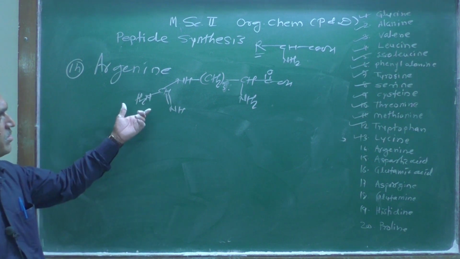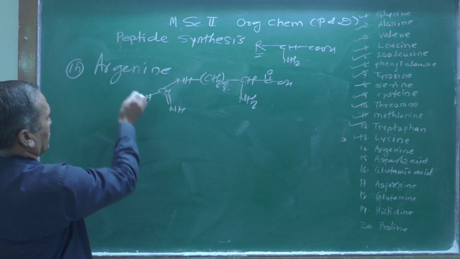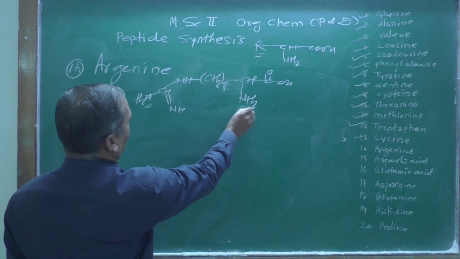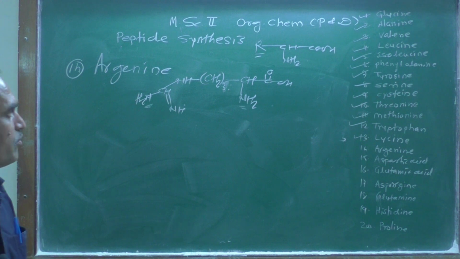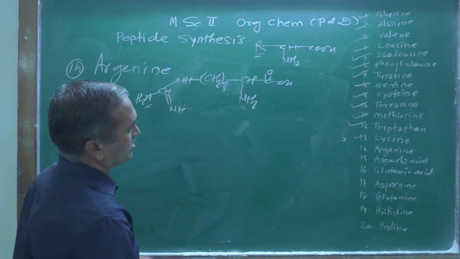So this is the structure. Again arginine is also basic in nature. Look, the number of nitrogen NH2 groups is greater, and therefore it acts as a base.